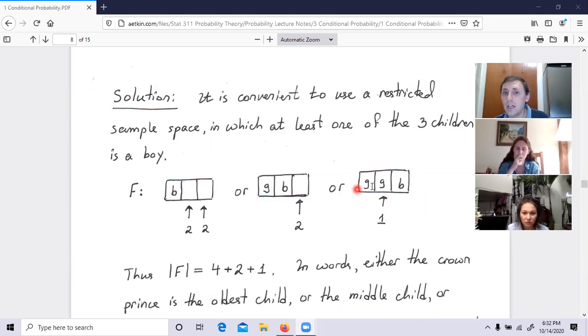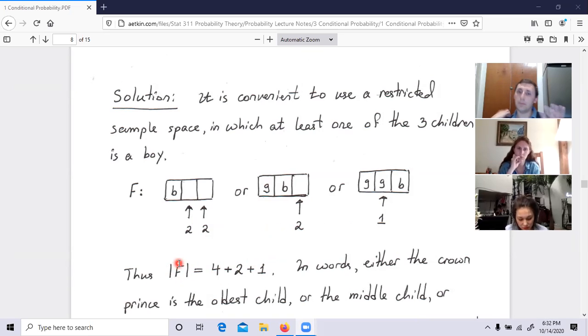And finally, which some of you might have forgotten, if both children here are girls, the fact that I have a crown prince means I have a boy, right? So how many possibilities? It's 4 plus 2 plus 1. 7 possibilities in the sample space.